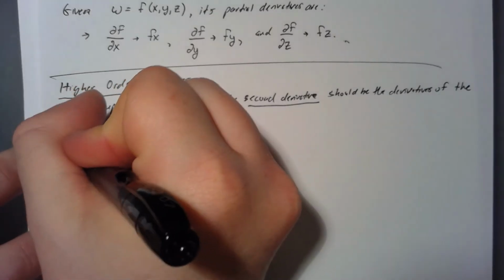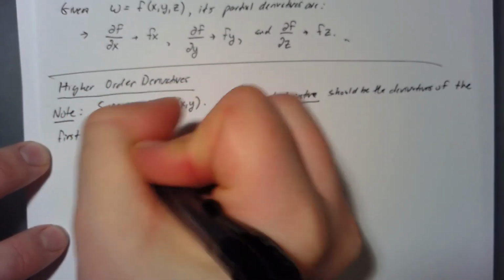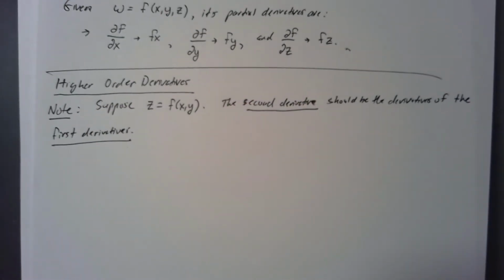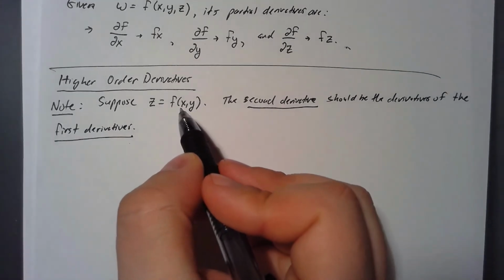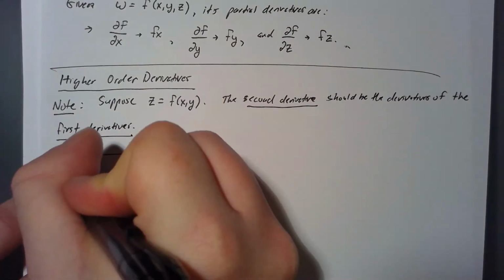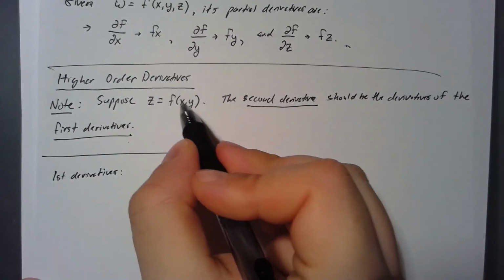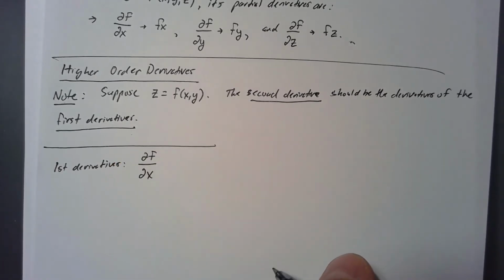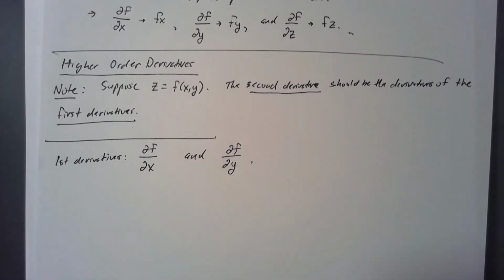Go figure. So what are the first derivatives here? All right. The first derivatives are df dx and df dy.